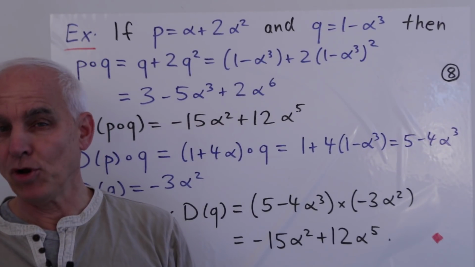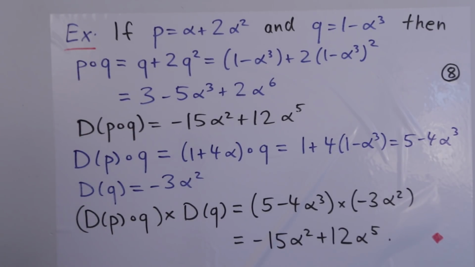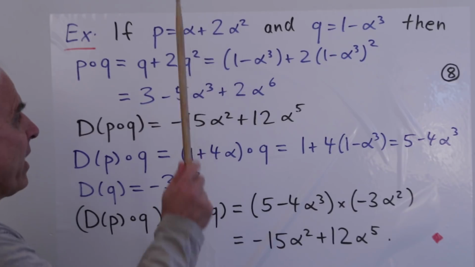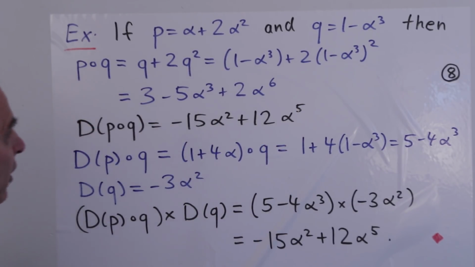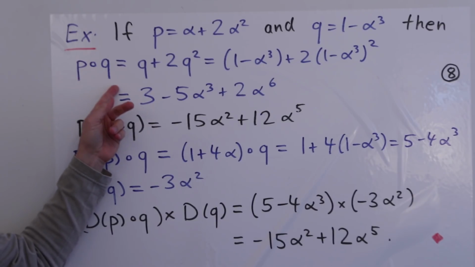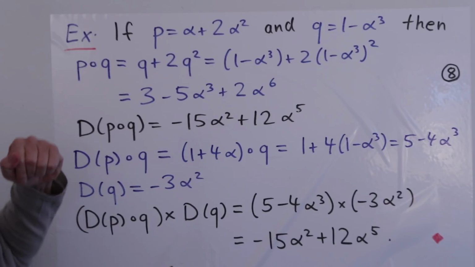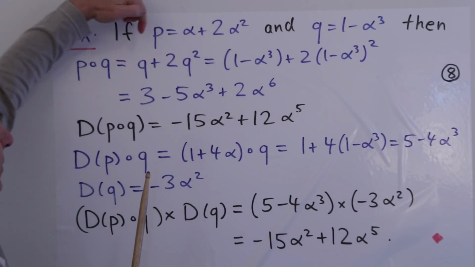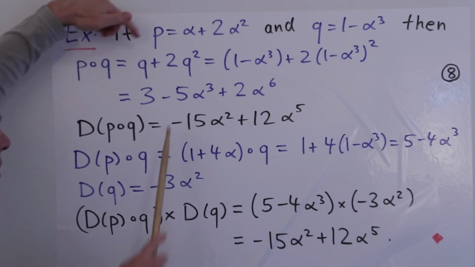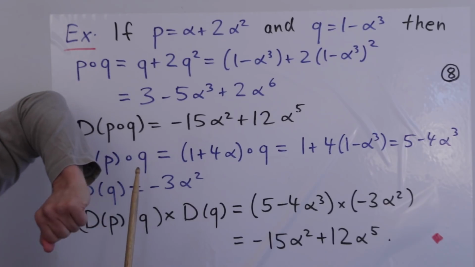And here's an example of the chain rule, taking the derivative of a composition. So we'll use the same p, alpha plus 2 alpha squared, and the same q, which is 1 minus alpha cubed. If we look at the composition p circle q, what is that? Well, it means that we're replacing the alpha in p with q. So this is the polynumber q plus 2q squared.